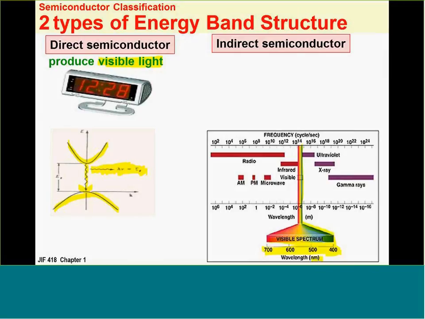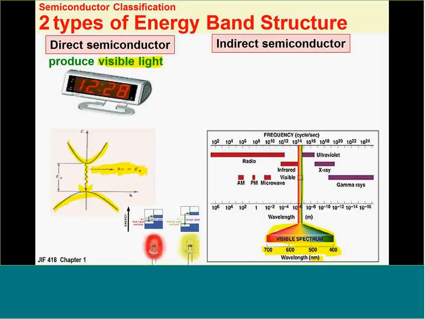Okay. In indirect semiconductor, kan macam ni kan. Kalau kita nak red ni, merah, dia punya gap ni kecil. Supaya we get red light. Red light is around katalah 700 nanometer.